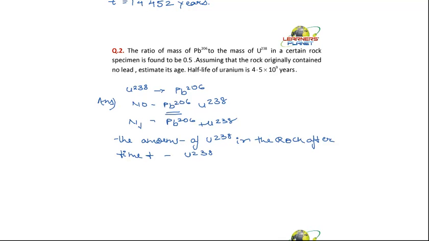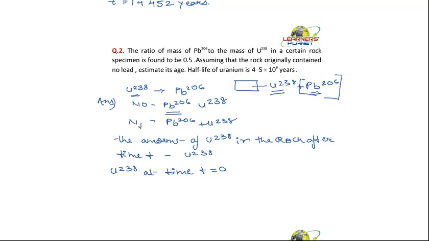But initially, this rock has been disintegrated and the rock which you have obtained has U-238 as well as Pb-206. But this U-238 is the final state, that is at time t. Now what about U-238 at time t equal to 0?